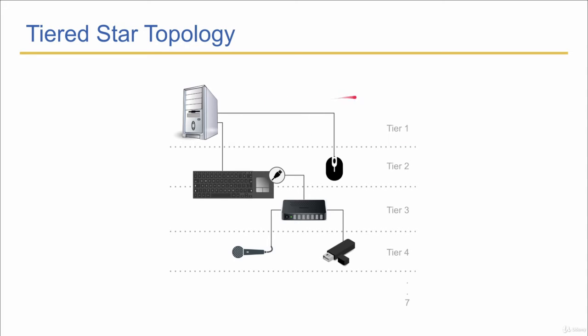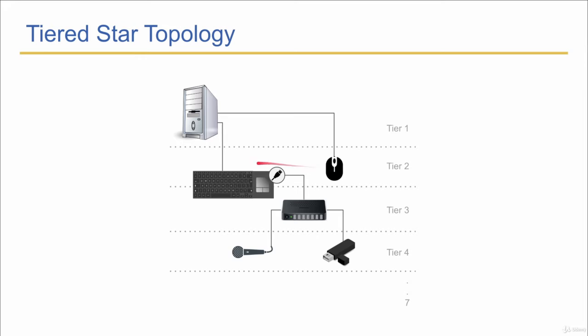So here, in the first tier, we always should start from the host, which includes the root hub. So the host, or in this example, the computer, always has the root hub. And in the next tier, we have multiple devices connected directly to the host or to the root hub.